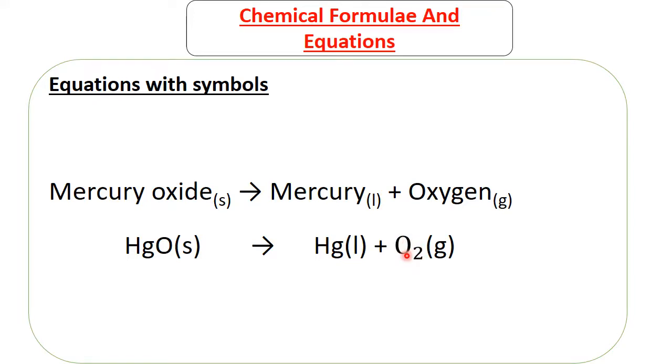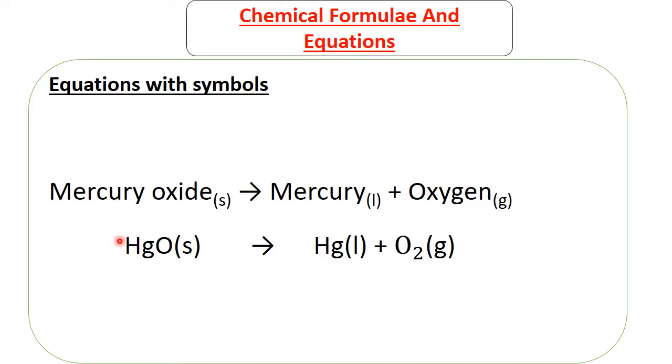So how do you deal with this? To deal with this, we are going to add a coefficient. A coefficient is a number, like I had said, that you put in front of symbols or letters. So these are the letters. The number that you put here is called a coefficient.